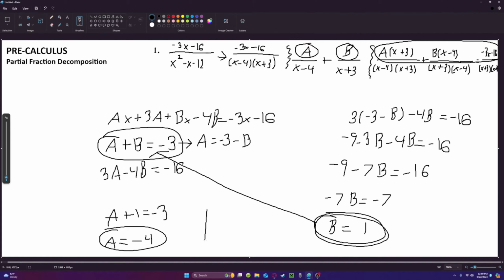So then, we put a box right here for our final answer. We have negative 4 over x minus 4 plus b, or 1 over x plus 3. And that would be our final answer.